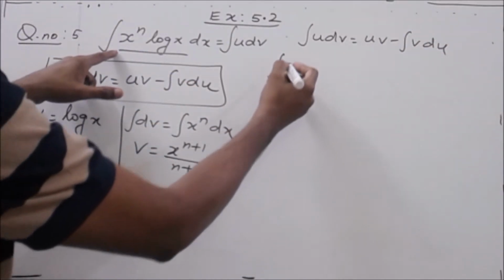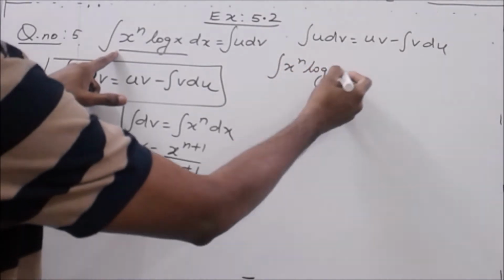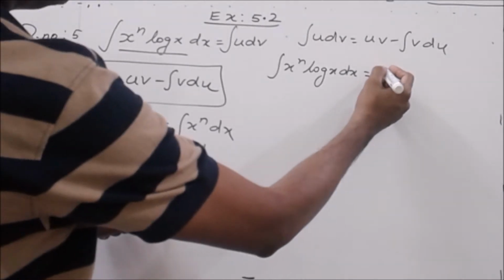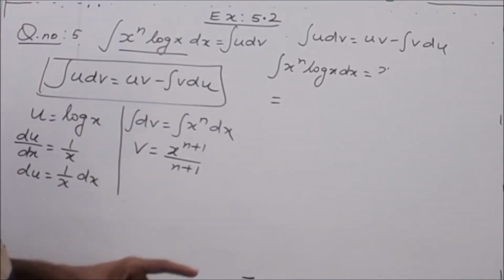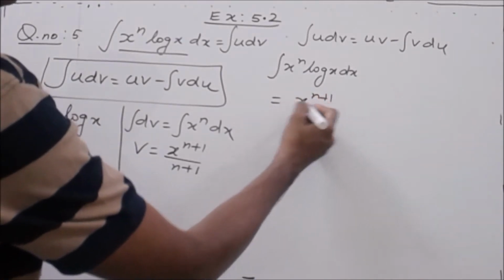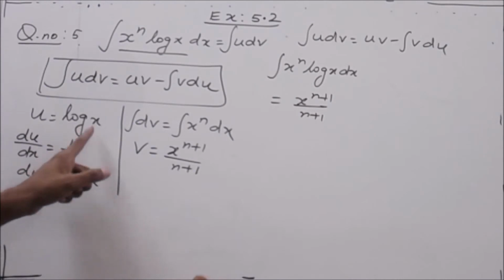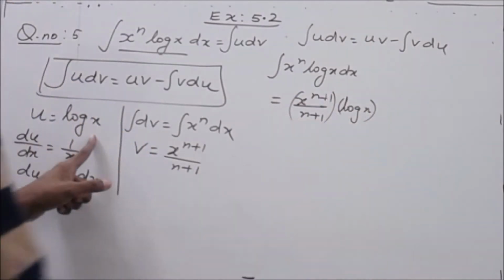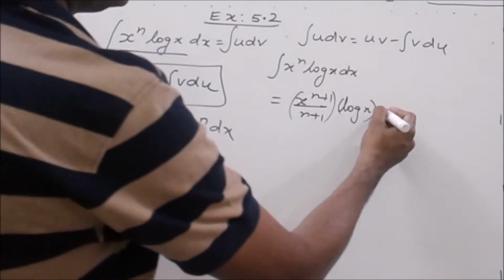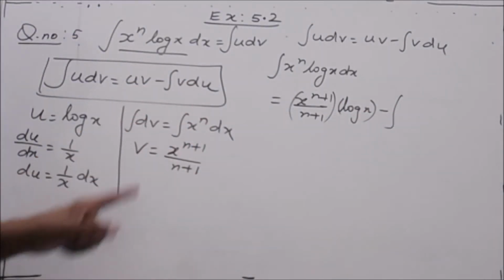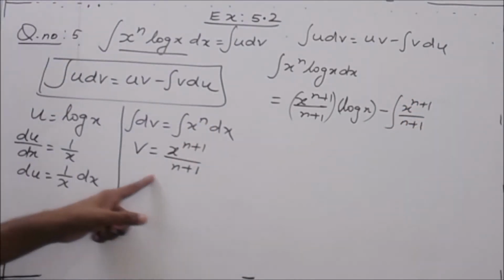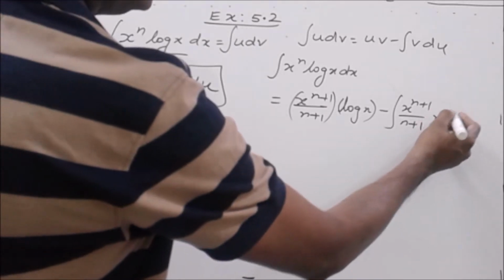Integral x^n log x dx is equal to the product of u and v, x^(n+1) by n+1 into log x, or log x into x^(n+1) by n+1, minus integral v du. v is x^(n+1) by n+1 into du. du is 1 by x dx.